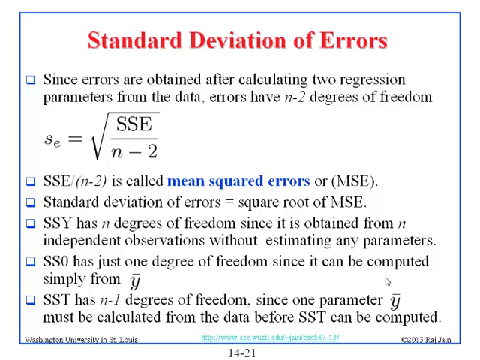If I gave you n minus 1 observations, you couldn't get the next one. So that is full n degrees of freedom. SS0 has only 1 degree of freedom, because it can be computed just from y bar. And SST has n minus 1 degrees of freedom because y bar must be calculated before you can get SST. You cannot get SST without y bar, right?